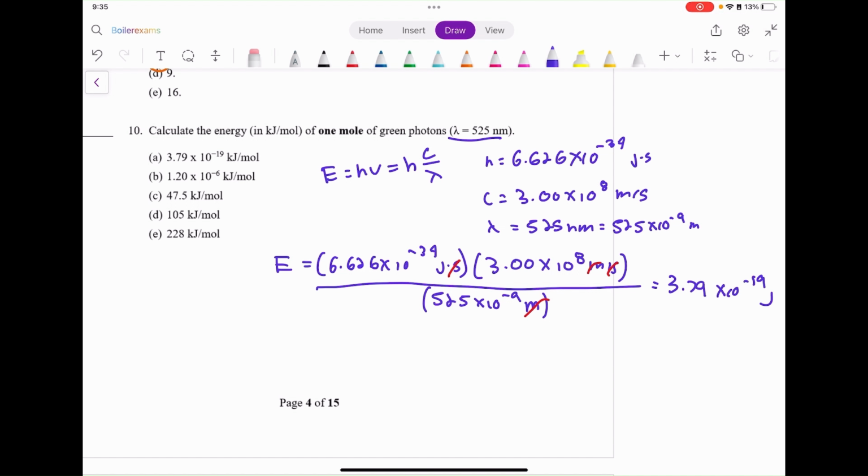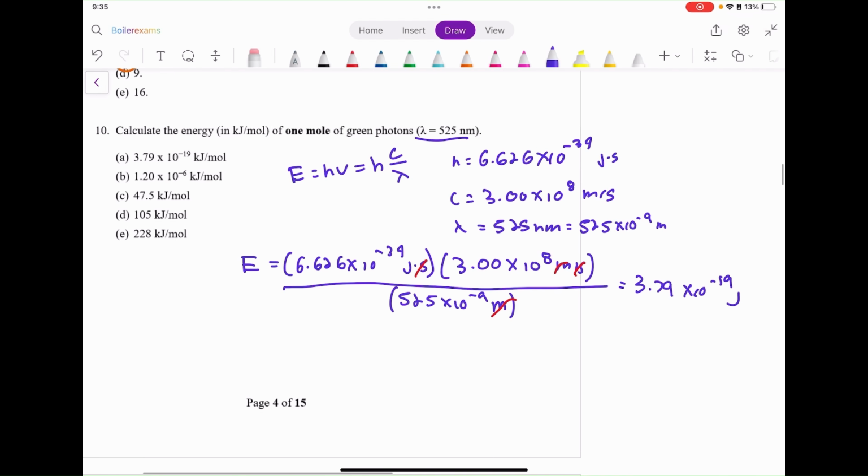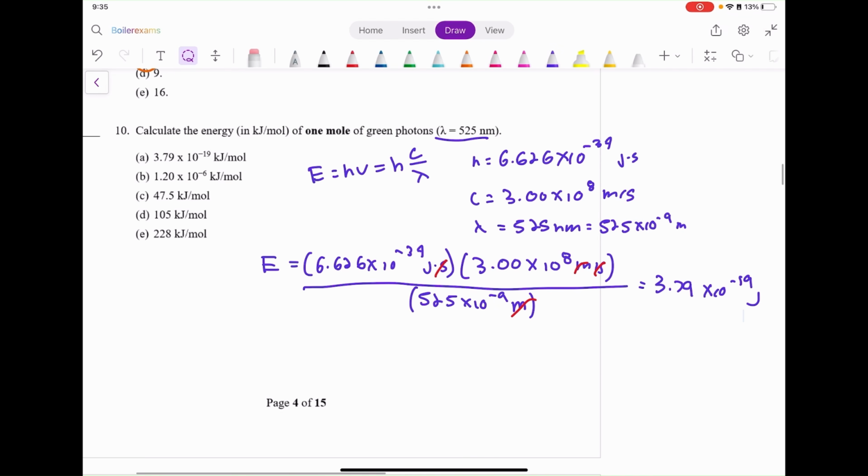And this is the energy of one photon. So this is essentially the joules per one photon, and they want the energy of an entire mole of them.